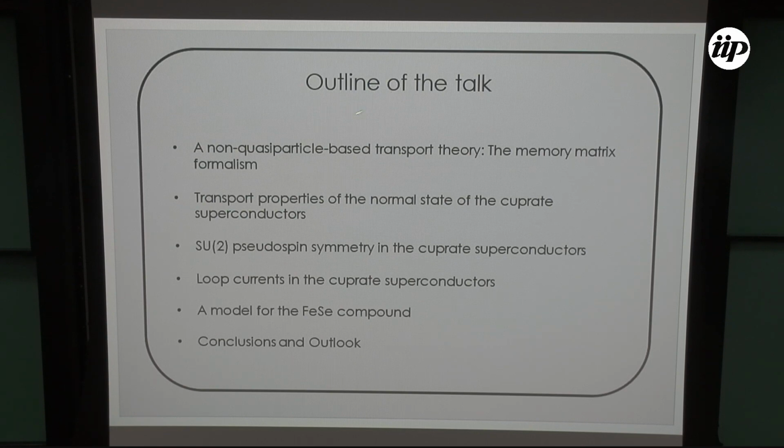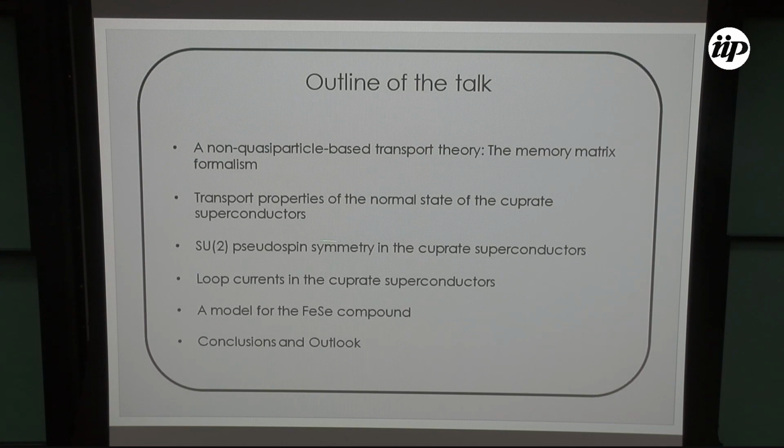Okay, this is the outline of my talk. So in the first part of my talk, I'll be talking about transport beyond the quasiparticle paradigm. And for that, I'm going to use this memory matrix formalism that I'm going to explain a little bit about.